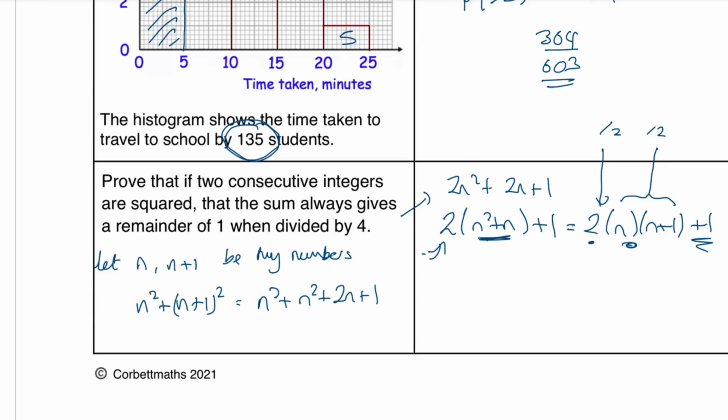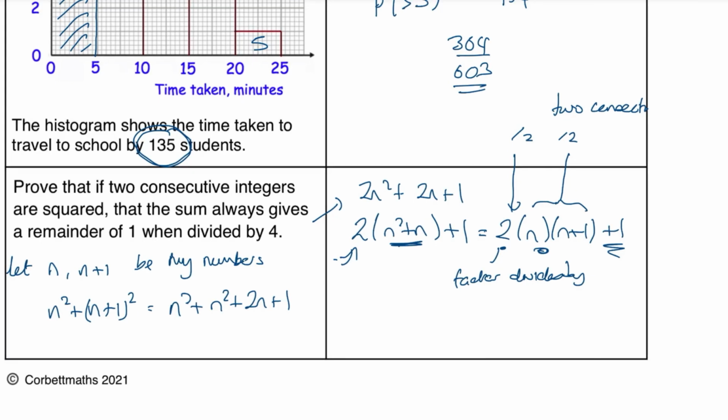Now, how would you write that in your exam? What the exam is looking for is that you understand that they both divide by 2. So I would write something along the lines of factor 2, therefore divides by 2, divides by 2. And here I would say 2 consecutive numbers, 1 must be even.